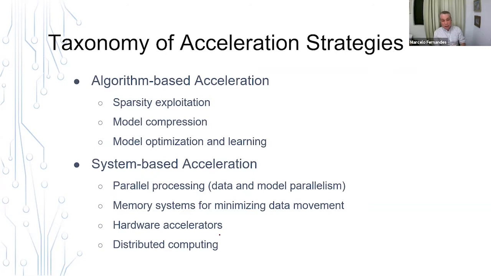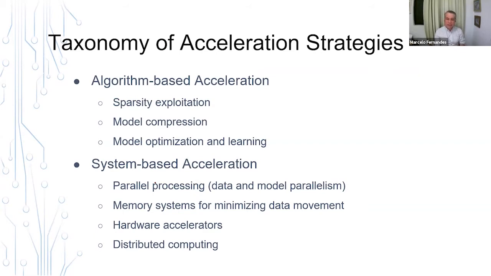Another big division is system-based acceleration, and we can divide it into parallel processing, data and model parallelism, memory systems for minimizing data movement, and hardware accelerators.